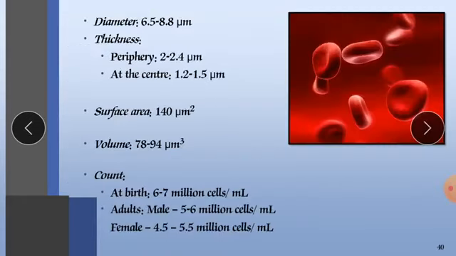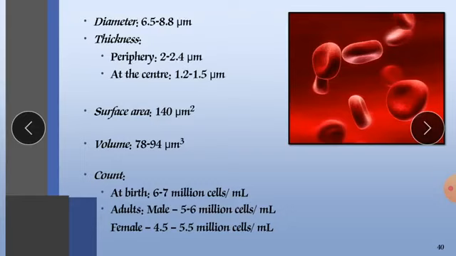If you will see, its diameter is 6.5 to 8.8 micrometer. Its thickness at the periphery is 2 to 2.5 micrometer and at the center 1.5 micrometer. Its surface area is 140 micrometer square and volume is 78 to 94 micrometer cube.